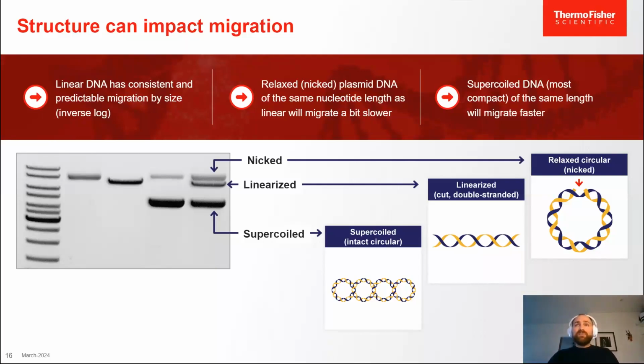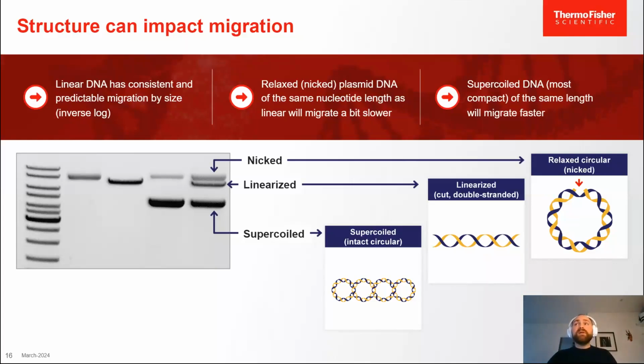Yes, and I touched upon this a little bit in the earlier slide, but generally speaking, linear DNA has a consistent and predictable migration by size. Relaxed nicked plasmid DNA migrates somewhat slower, as can be seen here.